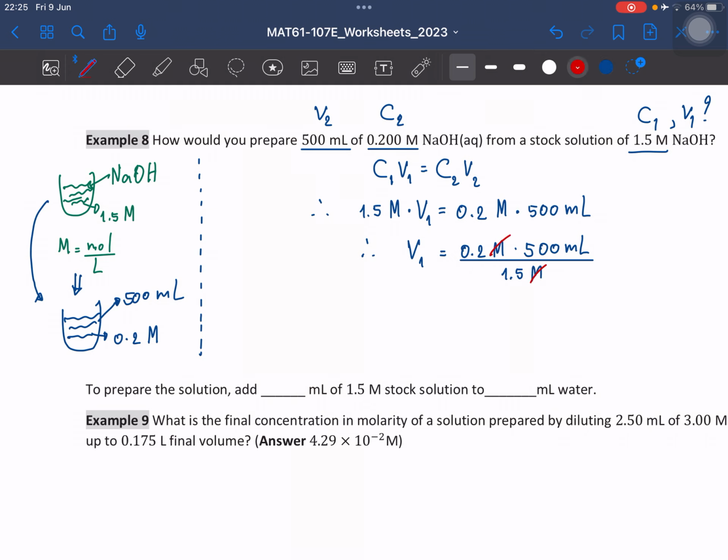The units cancel, and at the end we get 67 milliliter. So what is the meaning of that? You have to add 67 milliliter of this one.